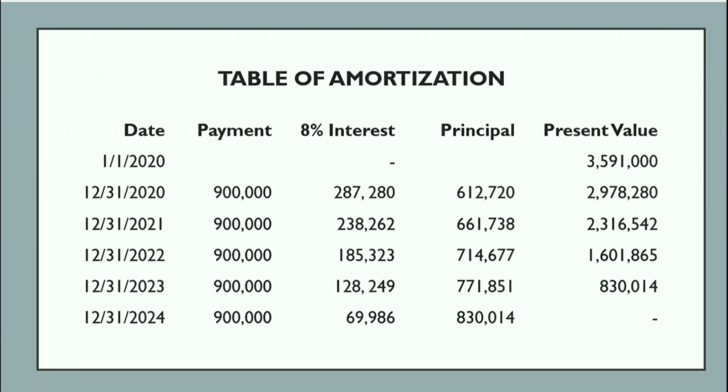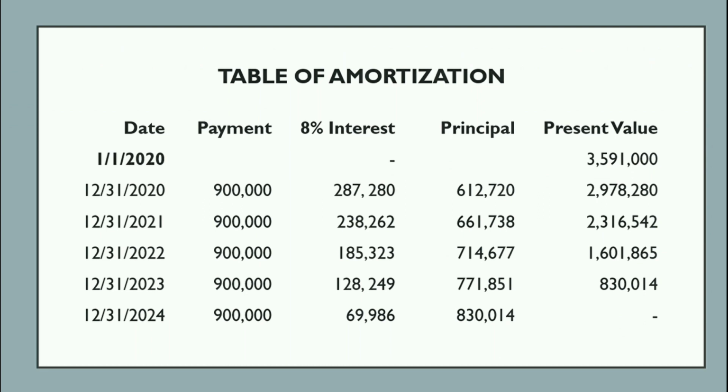So kasi alam na natin ang present value rental or ang lease liability, let's proceed sa pag-amortize. As you can see sa ating amortization table, we have columns for date, payment, 8% interest, principal, and present value. So let's start with January 1, 2020, kung saan wala pang payment para sa annual rental, ganun din wala pang interest at principal.